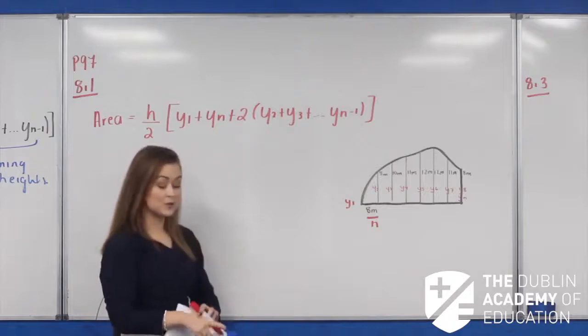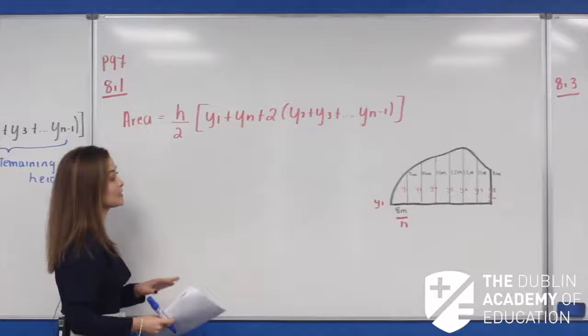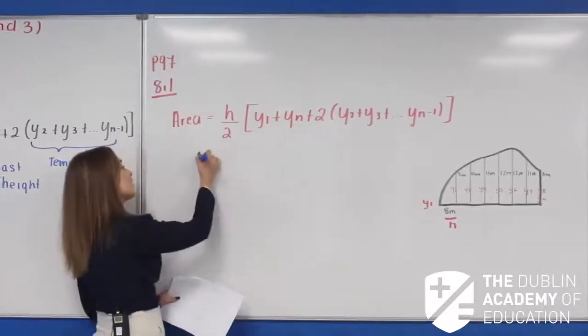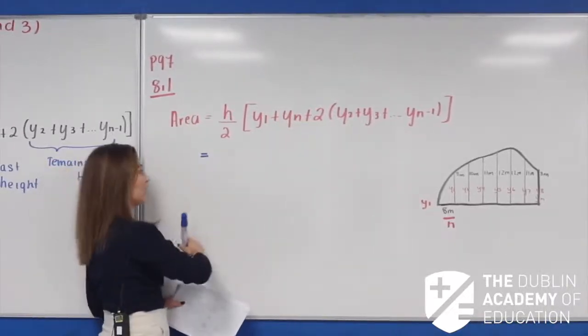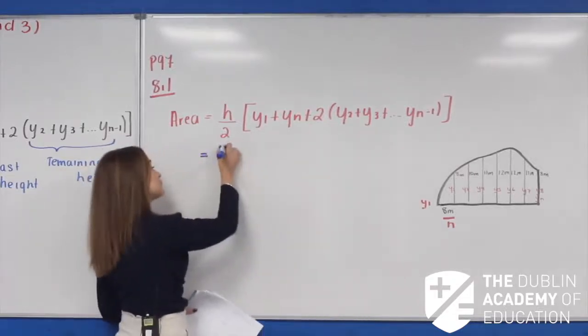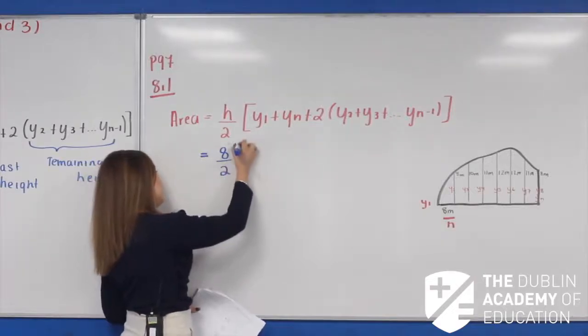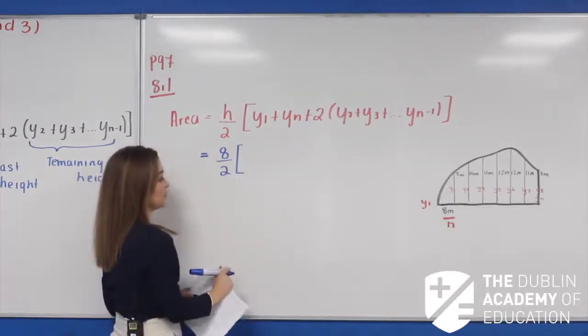So what we're going to do is take a minute and plug this straight into our formula, step by step, nice and slowly. So here our area is equal to H, the width, is 8, over 2, my square bracket.